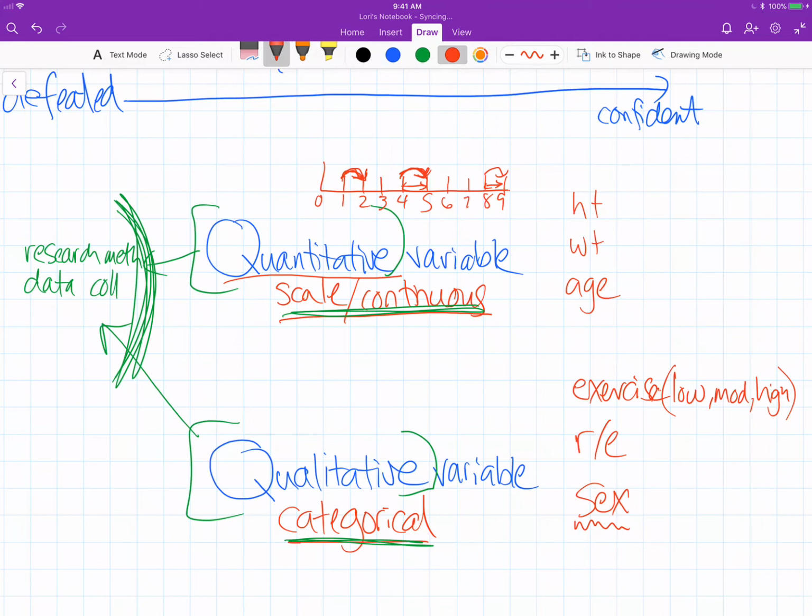It's evenly spaced. And so often we'll say height in centimeters, weight in kilograms, age in years. The distinguishing feature of many scale and continuous variables is that you have these units of measure.